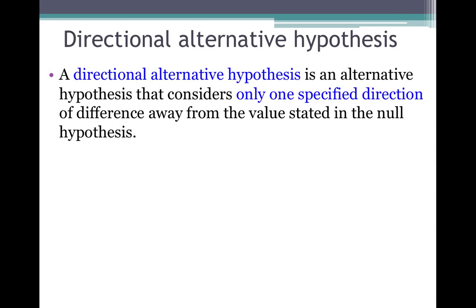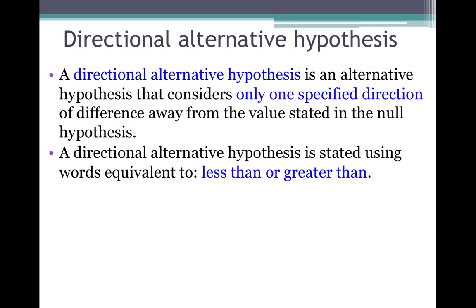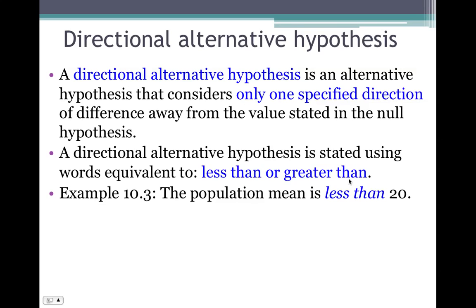Directional alternative hypothesis. A directional alternative hypothesis is an alternative hypothesis that considers only one specified direction of difference away from the value stated in the null hypothesis. And this is what we mean by that. If we look at the alternative hypothesis and we use the words less than or greater than, then we have a directional alternative hypothesis.